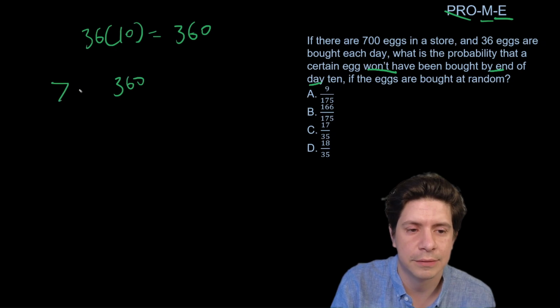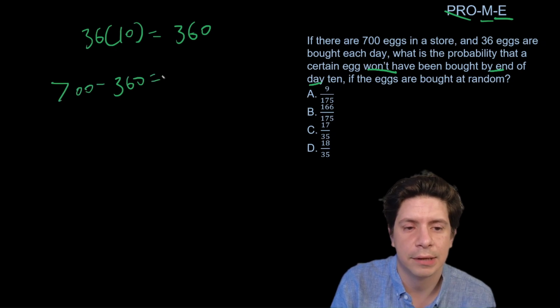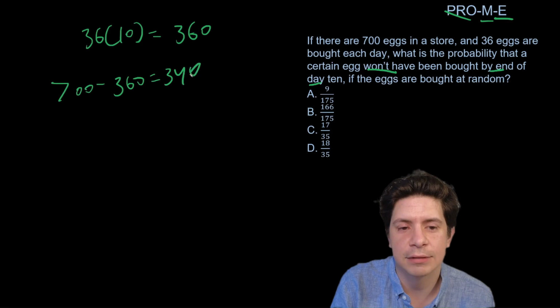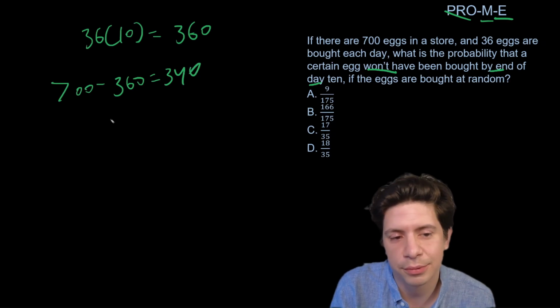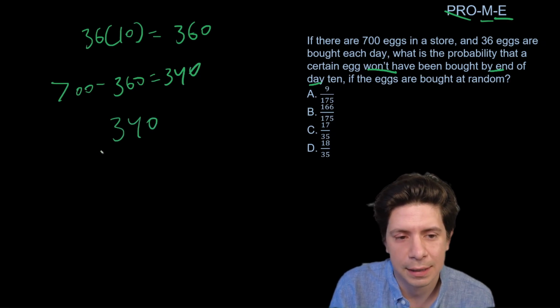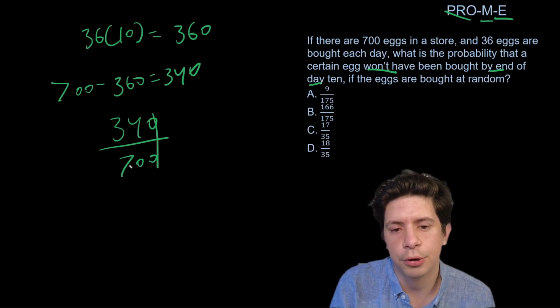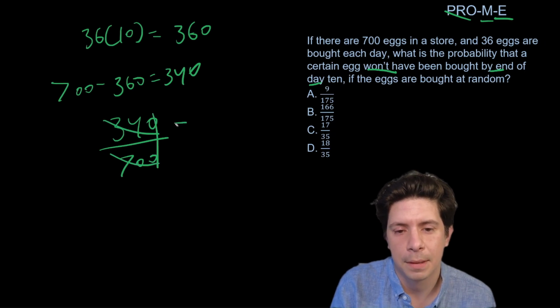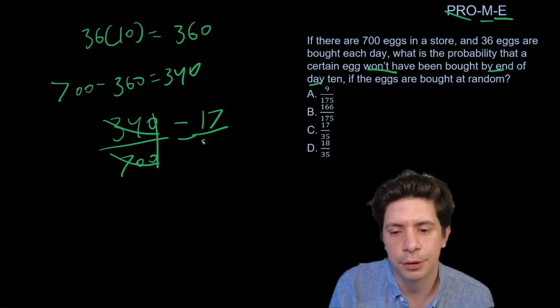You're going to do 700 minus that, it will give us 340, and that's what you'll take over 700 to see the probability of it still being there. So 340 over 700, 34 over 70 gets us 17 over 35.